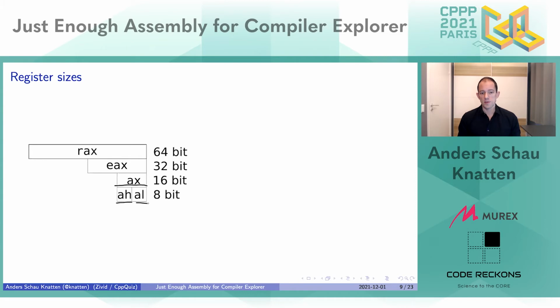So if you write to AL, it's the same register as AX. You're just going to overwrite the lower half of it and leave the high part. Then you got the 386 with the 32-bit architecture, which gave you the EAX and so on registers, and you still kept the old ones as views into that register. And then you got x86-64 with 64-bit values and 64-bit registers like RAX, RBX, and so on. But you can still use all of the other ones for smaller things.